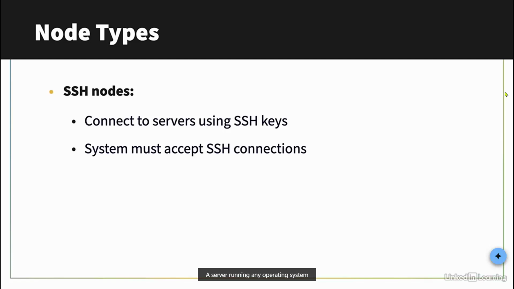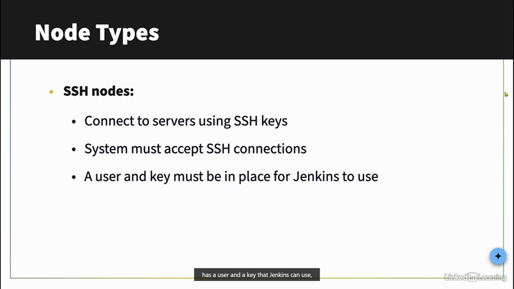A server running any operating system can be configured as an SSH node as long as it accepts SSH connections, has a user and a key that Jenkins can use, and also has a recent version of Java installed. Having Java installed on the node is essential because the agent process is a Java-based application.